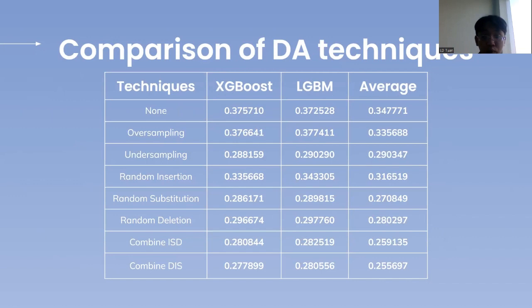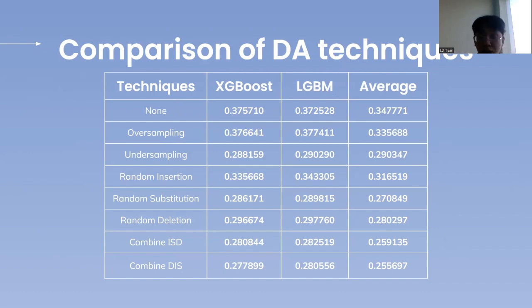If we look closer when comparing the data augmentation techniques on the two best models, XGBoost and LGBM, we can see that when we don't apply any data augmentation technique, it generally performs the best, followed by oversampling.